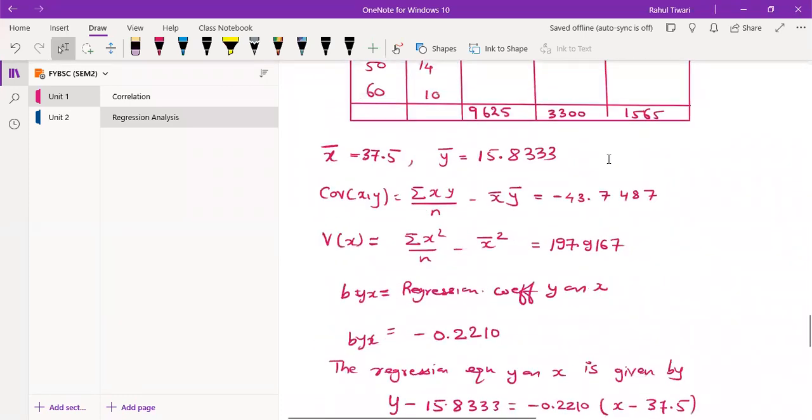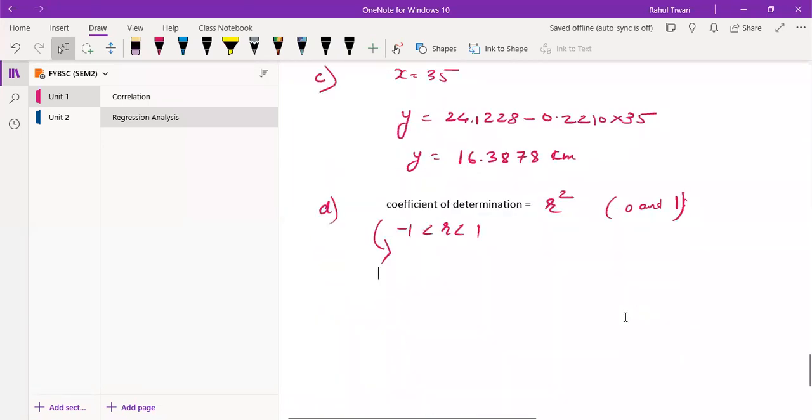For R, what do you need to do here? You need to obtain the variance of y. As I said there, why people calculate y square, similarly here you will need to calculate y square, right? So y square upon n minus, sorry, y bar square. I will subtract this y bar square. When you calculate this, you will get, I think, 10.138.